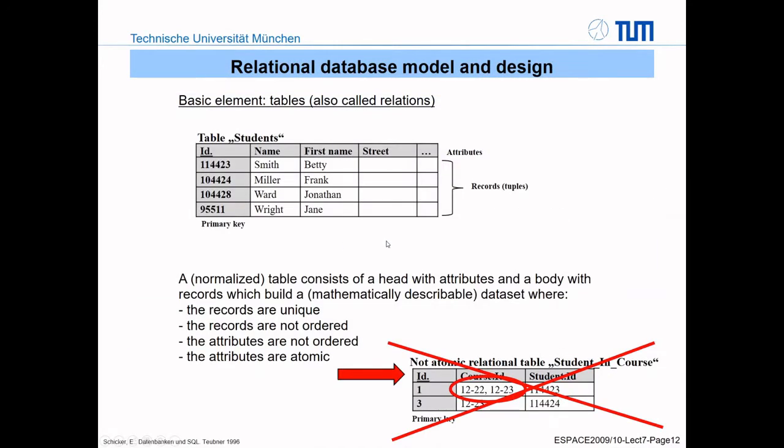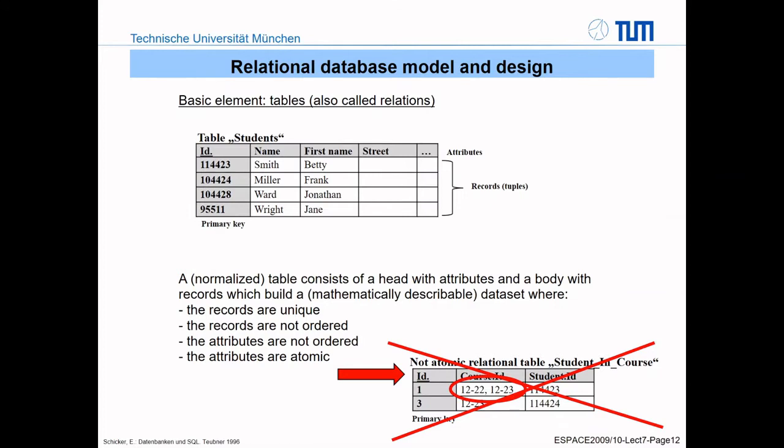So what is a relational database? We already saw that it is constructed with tables. So what is a table? A table has a name, like here students. A table has columns, which are called attributes, and a table has lines or rows, which are called records or tuples.